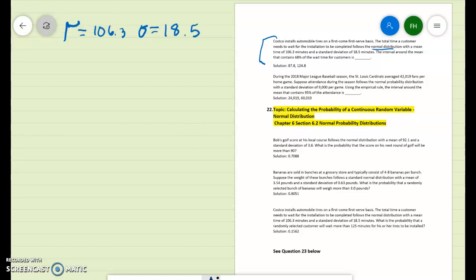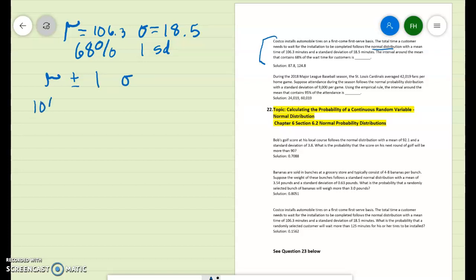And we want to know the interval that contains 68%. 68% of the data points will be 1 standard deviation. So mu plus and minus 1 times the standard deviation.